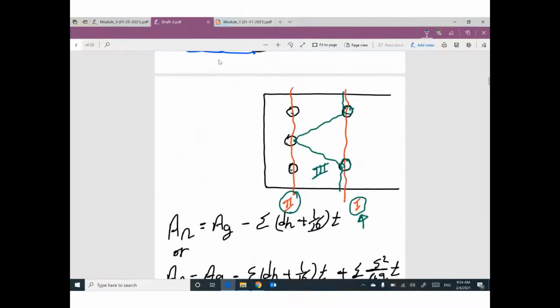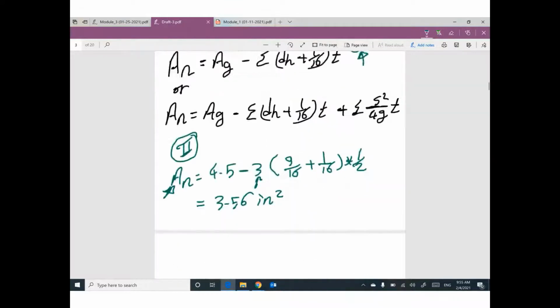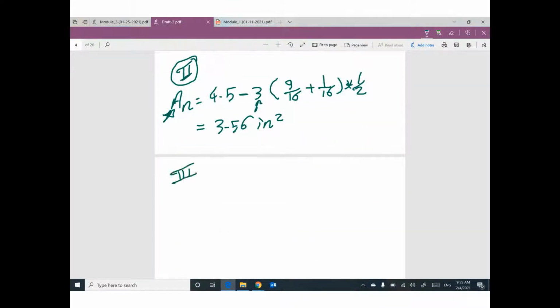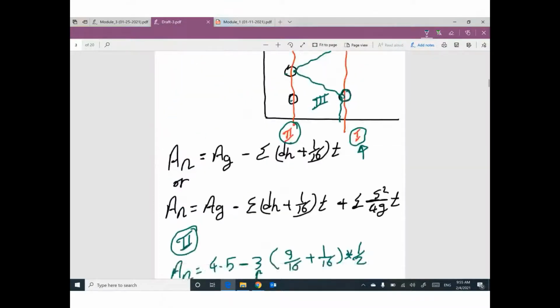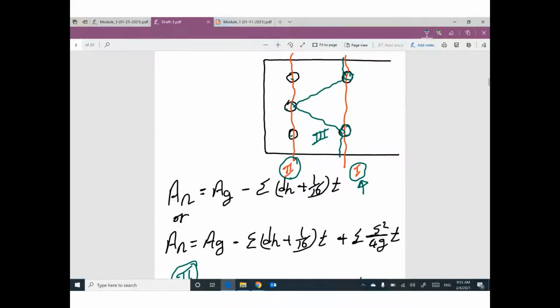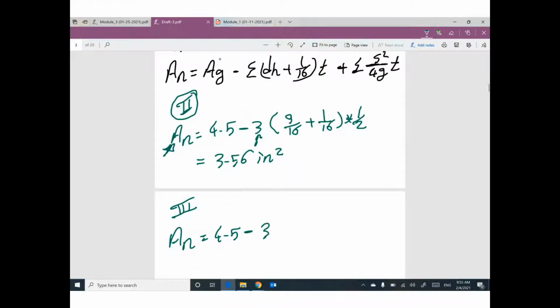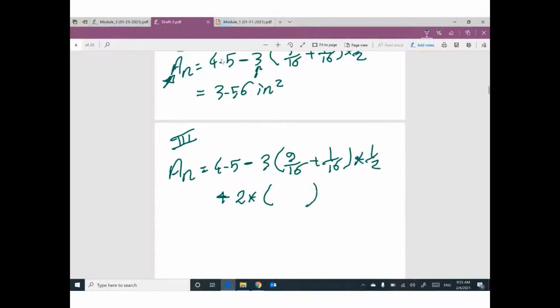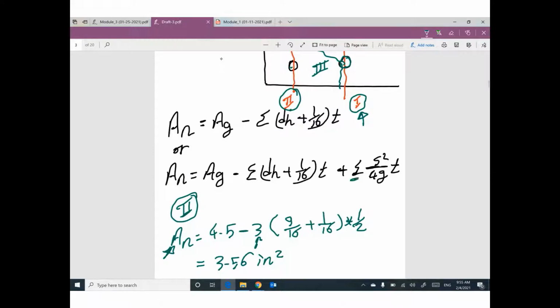If you try the expected failure number 3, your area net will be area gross minus how many bolts in this one? 1, 2, 3. Okay? 9/16 plus 1/16 times 1/2 plus summation of S square divided by 4G times t. Why 2 for this summation?